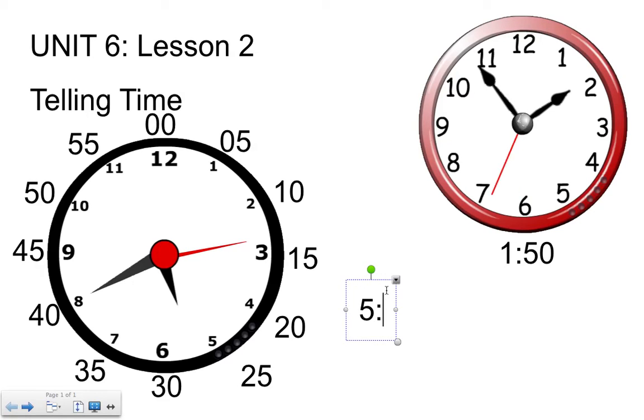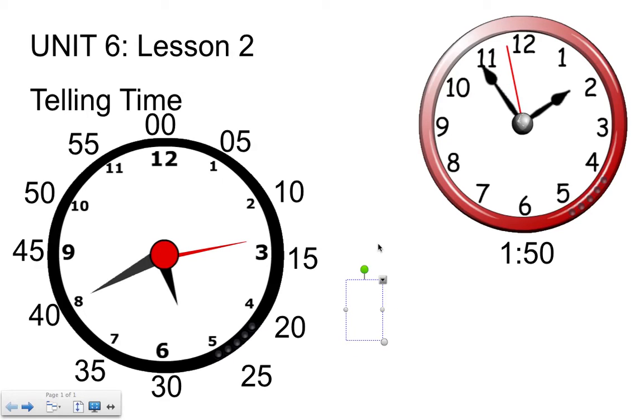It's 5 something. I'm going to look at the minute hand. I can count by 5s, or I can just look here. Anytime this minute hand is at 8, it will always be 40. So 5, 10, 15, 20, 25, 30, 35, 40. So when you see the clock like this, it's 5:40.